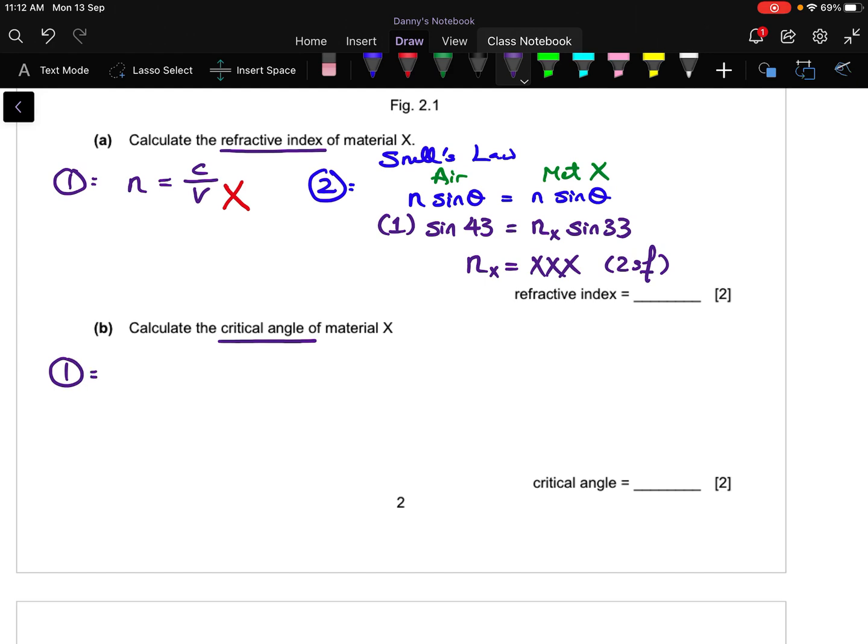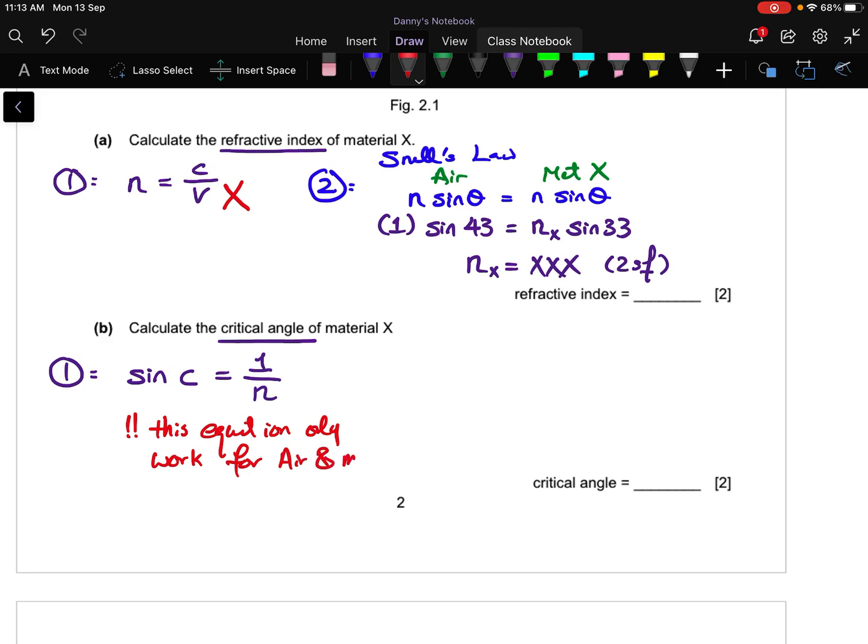There is a formula that allows you to find the critical angle directly, which is sine C, that is your critical angle, equals to 1 over n. Okay, but in this case, there's a limit. This equation only works for air and medium.